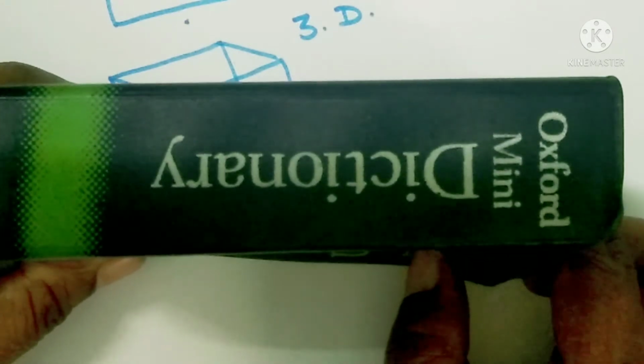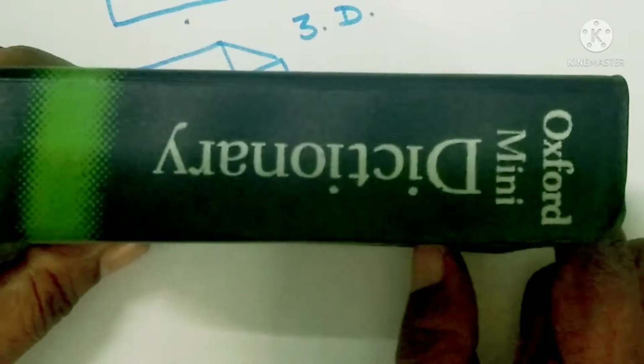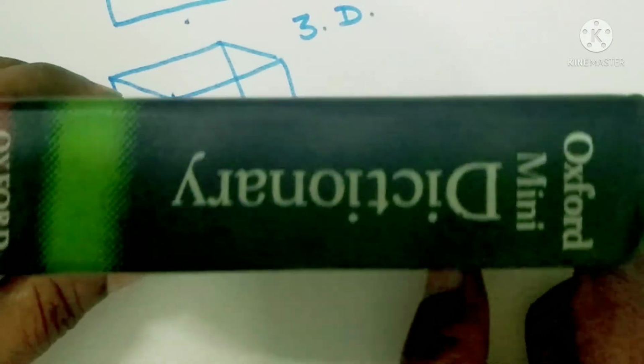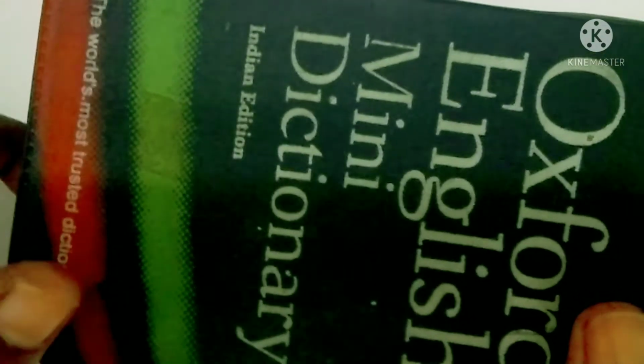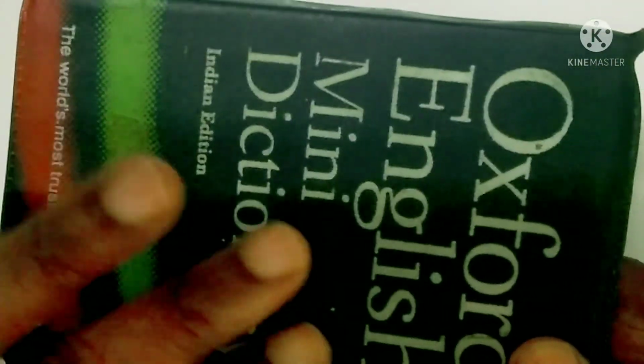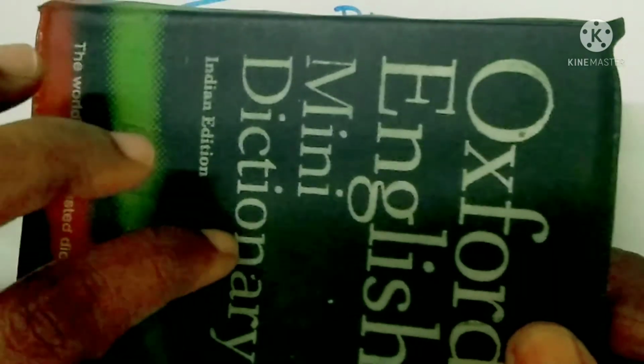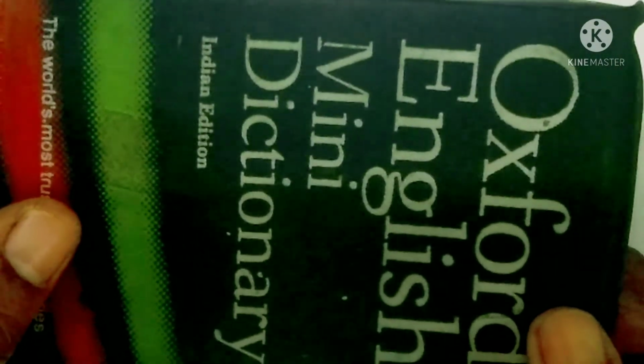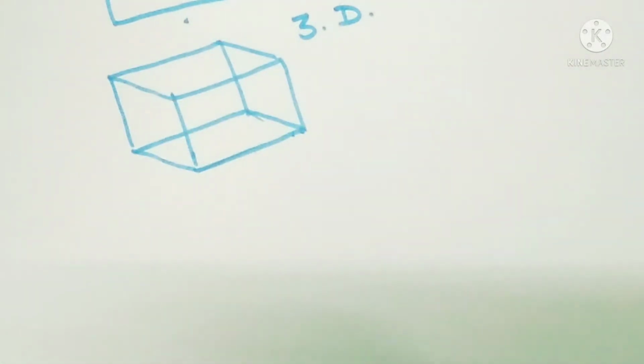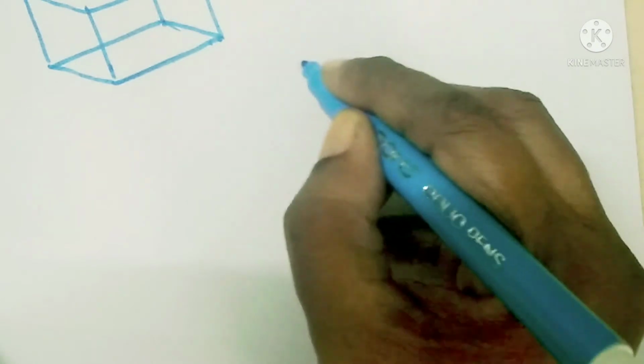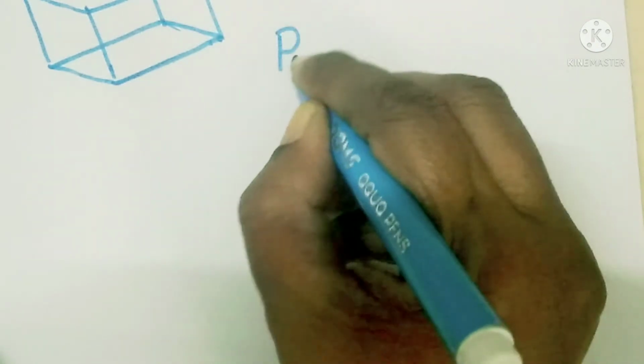So, all solid figures are made up of many plane figures, especially they are made up of different polygons. Okay. So, the solid figures which are made up of many polygons are called polyhedrons. What is the word? Polyhedron.